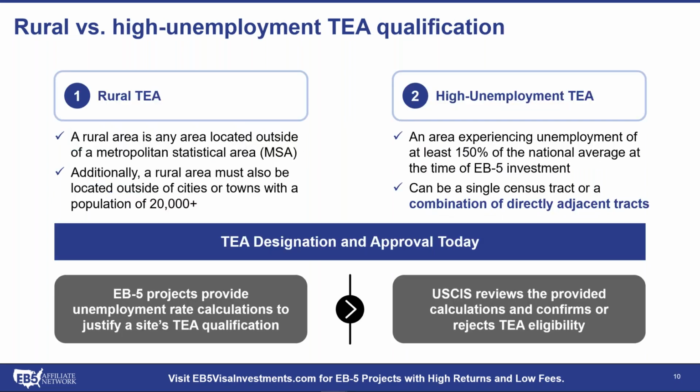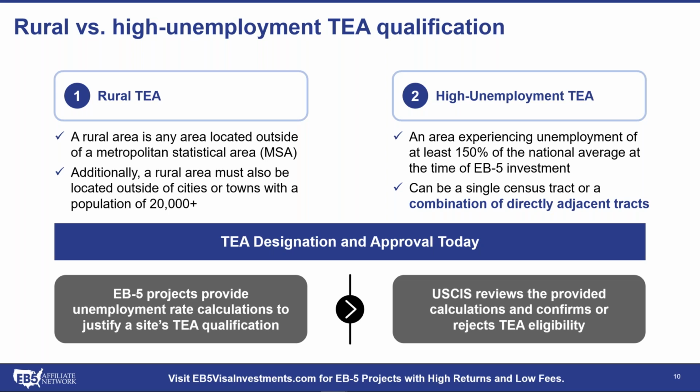So now diving into the details of the two different types, rural versus high unemployment. So first, rural on the left side, number one, rural area is an area outside of an MSA, and it must also be outside of a city or town with a population of 20,000 or more people.